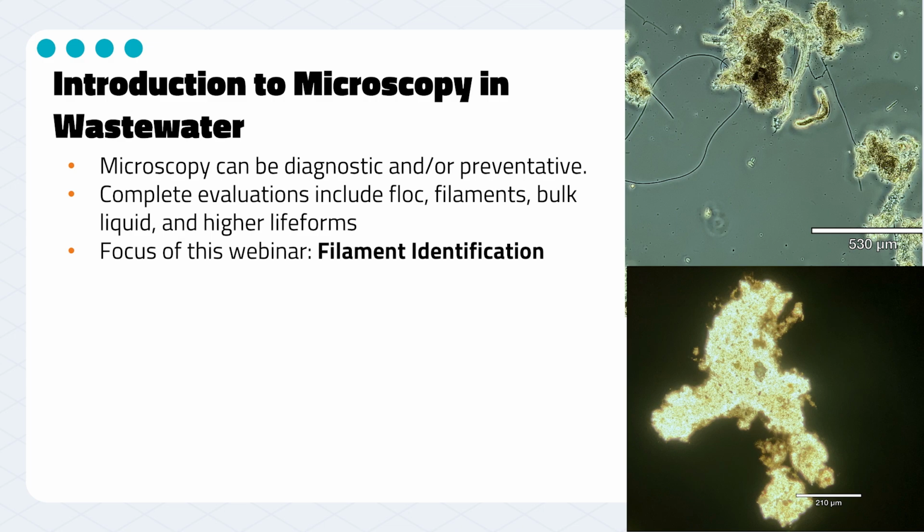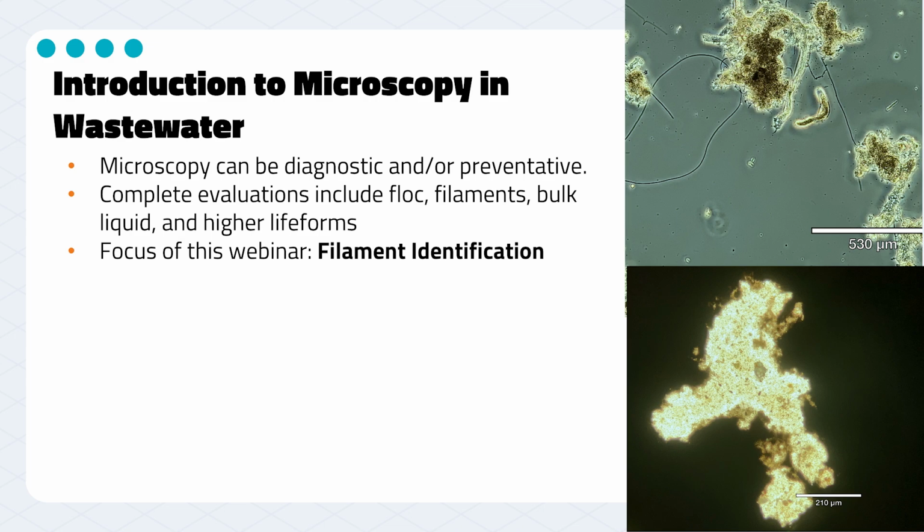Generally, when we're talking about microscopy for the purposes of wastewater diagnosis and prevention of upsets, we would include an entire evaluation of floc, filaments, bulk liquid, and higher life forms.